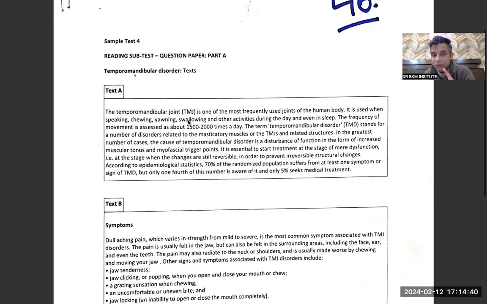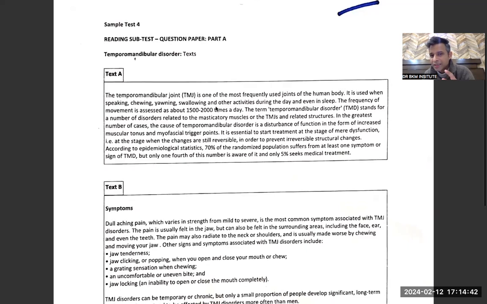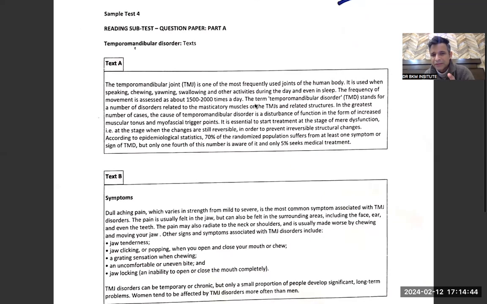So the first paragraph is talking about the temporomandibular joint, the human body, speaking, various things. Then it is talking about disorders, masticatory muscles, cases, disturbance of function, tongue, reversible, in order to prevent irreversible structural changes. So again they are talking about reversible structural changes.